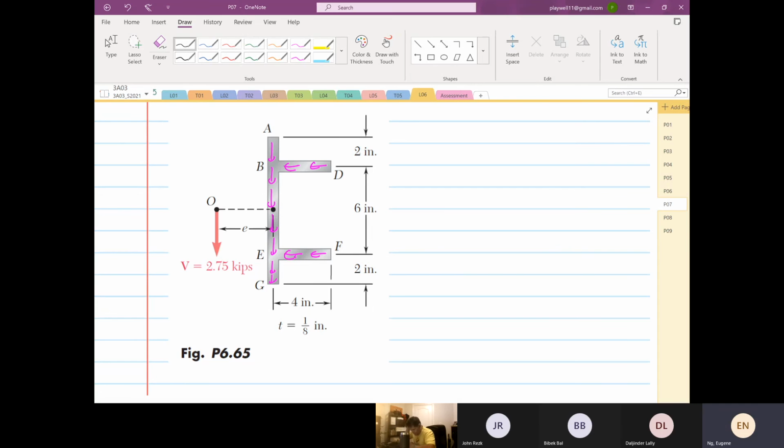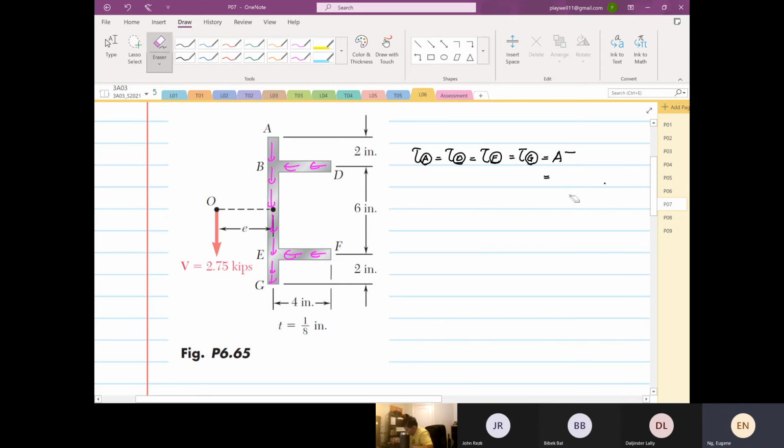From here, we know that the shear stress at point A is equal to the shear stress at point D, equal to the shear stress at point F, and also equal to the shear stress at point G, and they are all equal to A y bar, which is 0 multiplied by y bar, equal to 0.